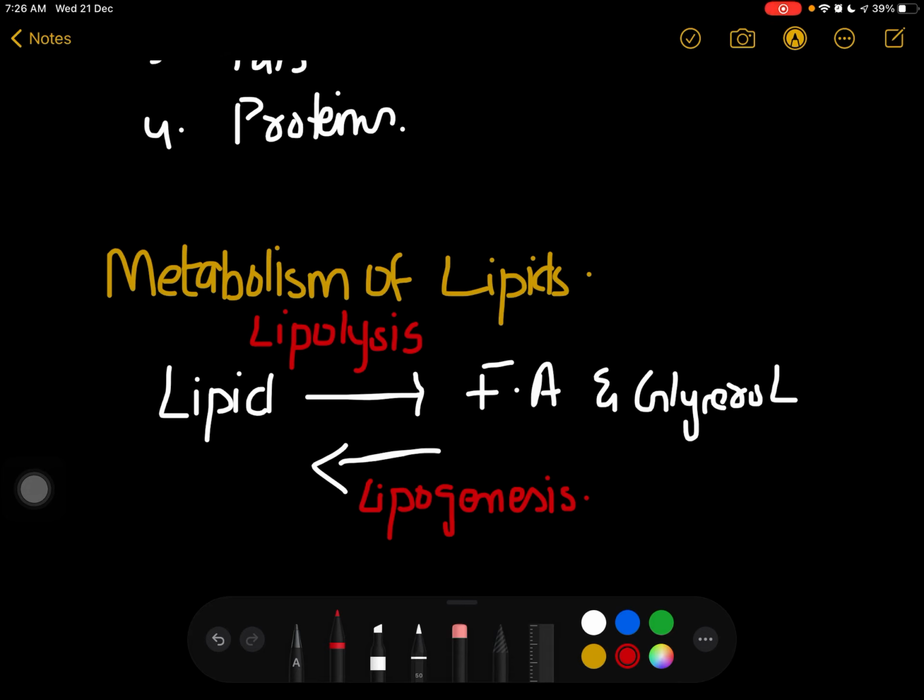And the reverse reaction is lipogenesis, when fatty acid and glycerol combine together and form lipid, or fat, that is known as lipogenesis.